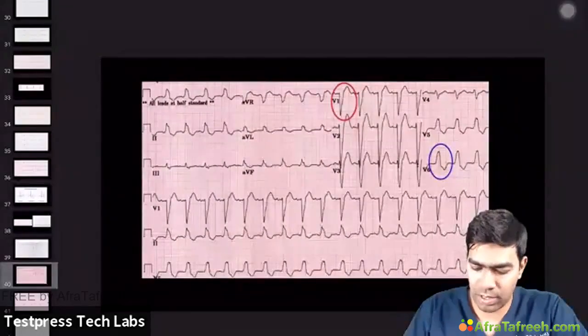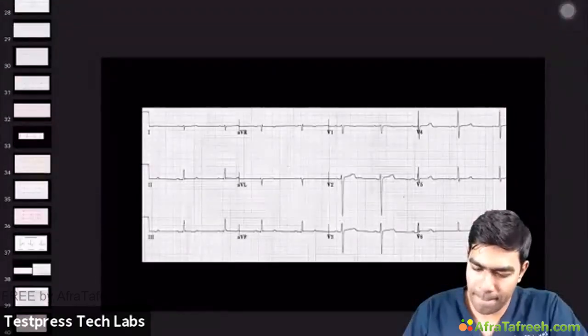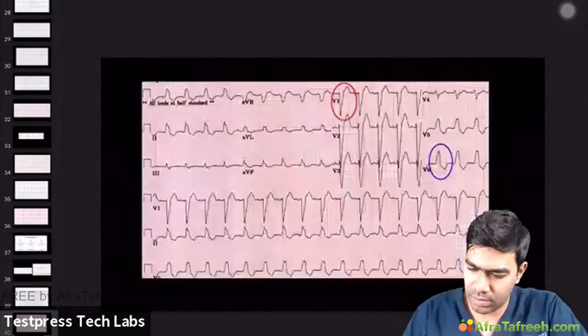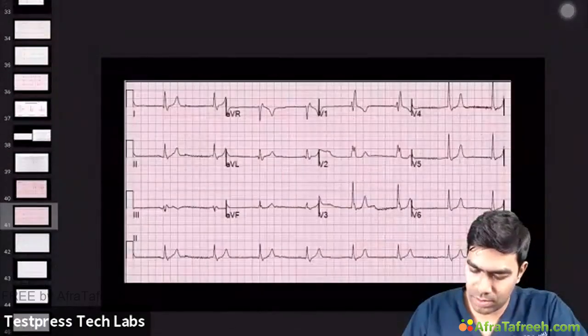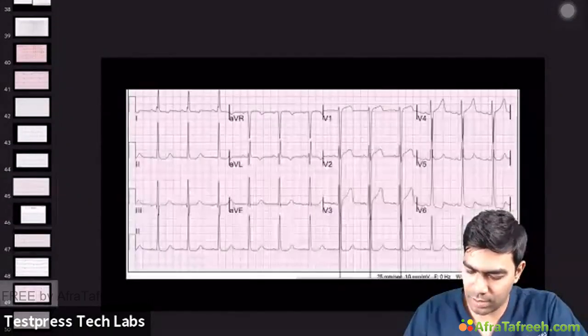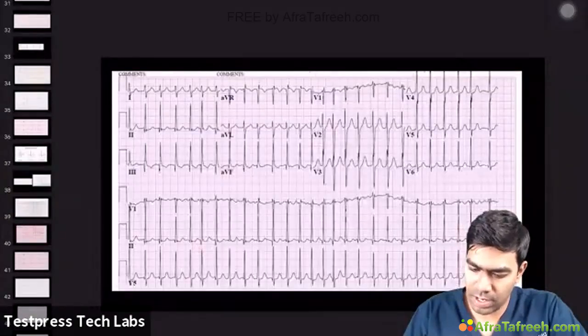Let us go back to the image and some ECG and see what you really mean by Scarbosa criteria. Where have I kept this Scarbosa?